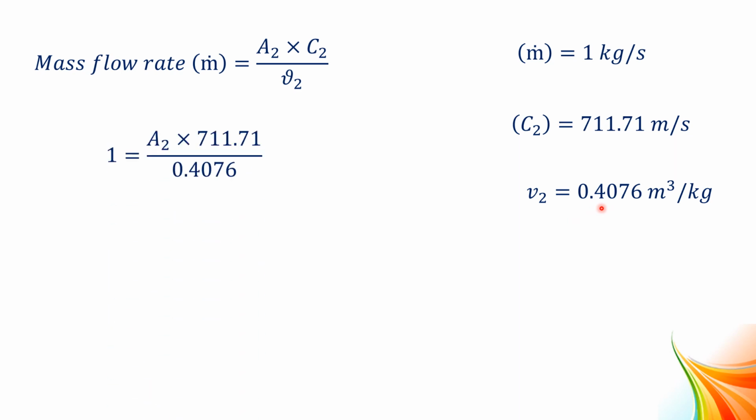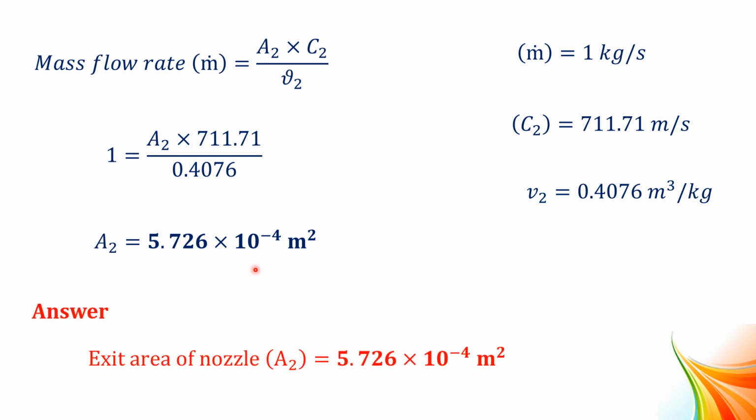Now substituting these values in the mass flow rate equation, we get area at the exit of the nozzle A2 equal to 5.726 into 10 to the power minus 4 meter square. So our answer is exit area of the nozzle A2 equals 5.726 into 10 to the power minus 4 meter square.